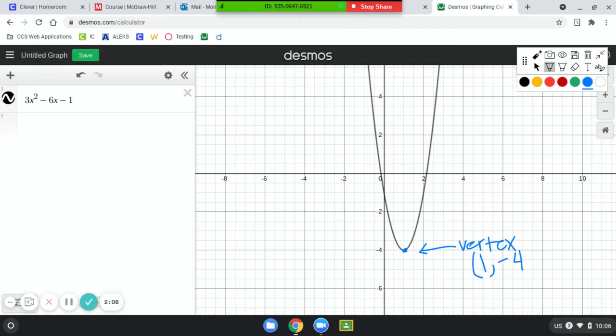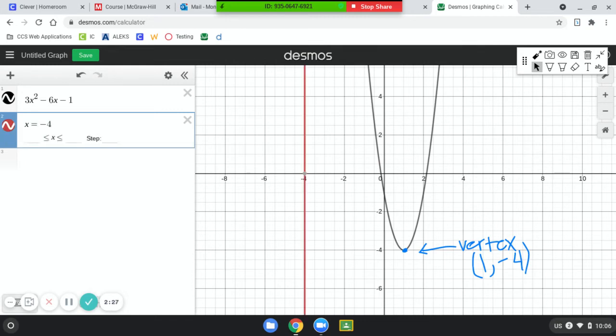So 1, -4 is my vertex. The x value of that vertex is going to be my axis of symmetry. So I'm just going to throw it in on the graph. You don't have to, but it's good to check because if I thought it was -4 and I put in x equals -4, I noticed that that line does not go through the middle of my graph. So then I need to change it. And the x value is 1.